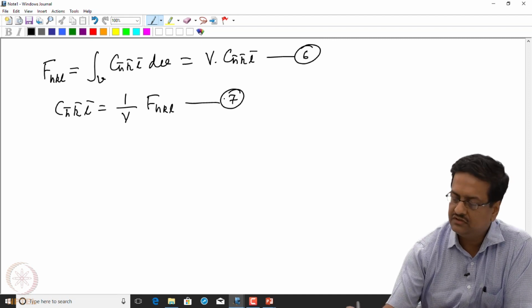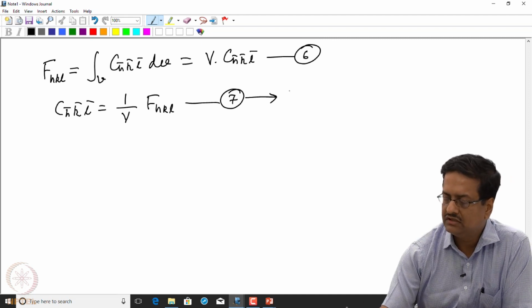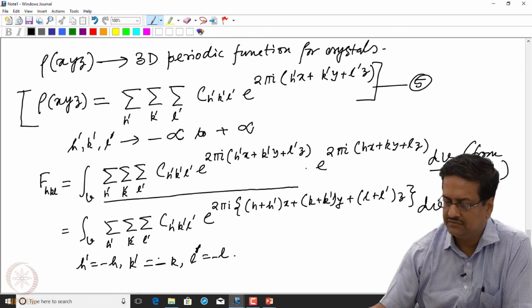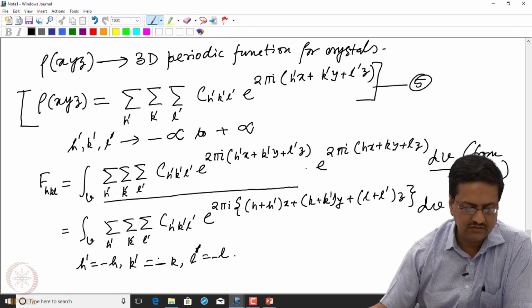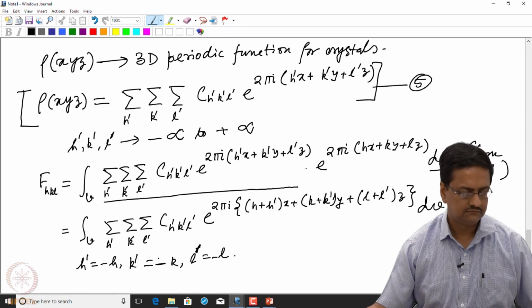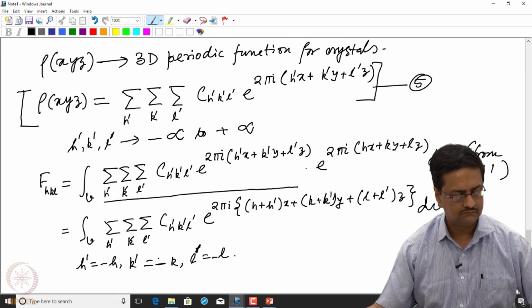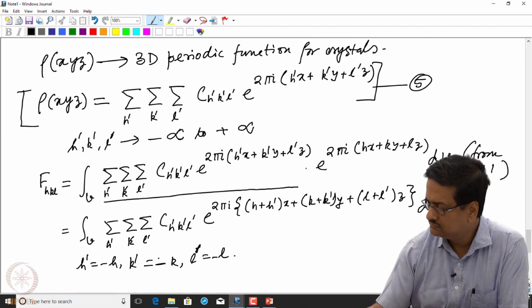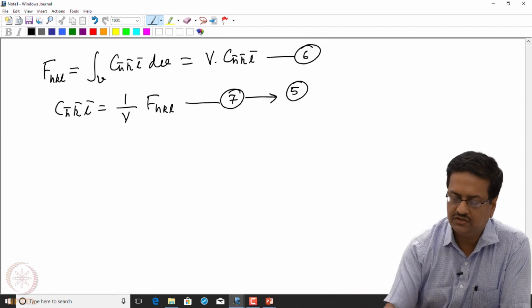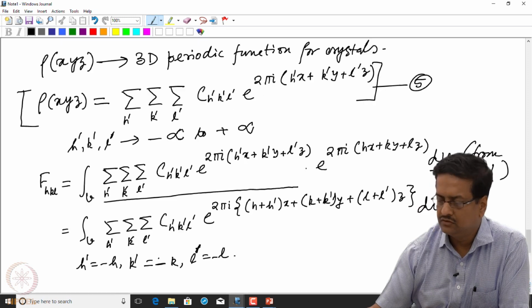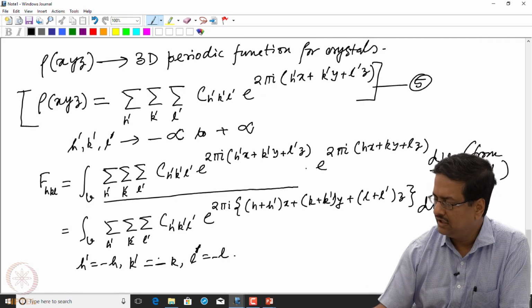So now we substitute equation number 7 into equation number 5. What is equation number 5? We substitute this value for C h bar k bar l bar into equation number 5 and rewrite the expression for rho.